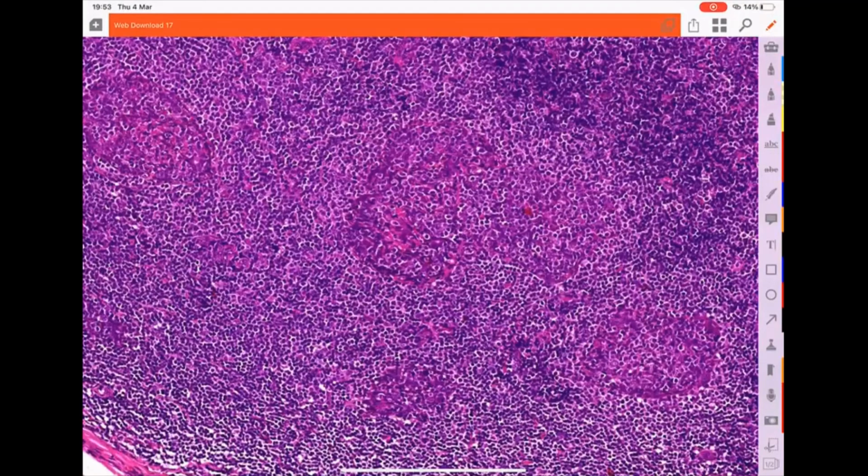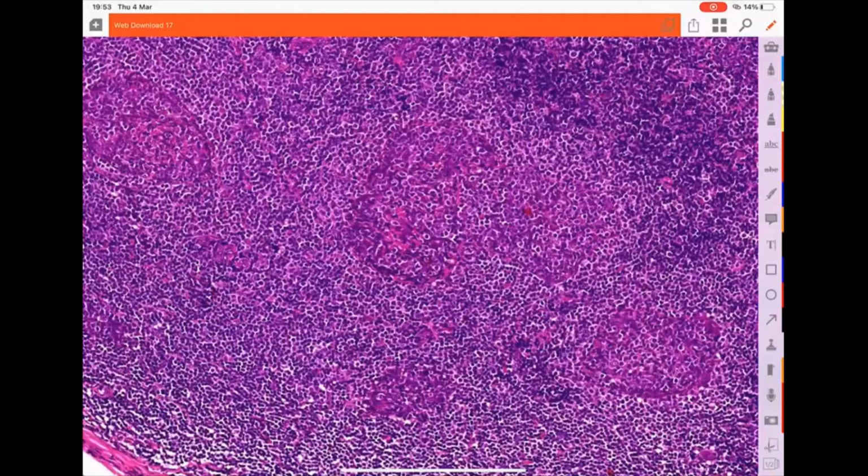And I am favoring this to be a non-Hodgkin lymphoma, in brackets, mostly MALT lymphoma, right? However, the differential diagnosis will include sialadenitis and other types of lymphoma, such as the diffuse variants of follicular lymphoma, and the diffuse large B, okay?